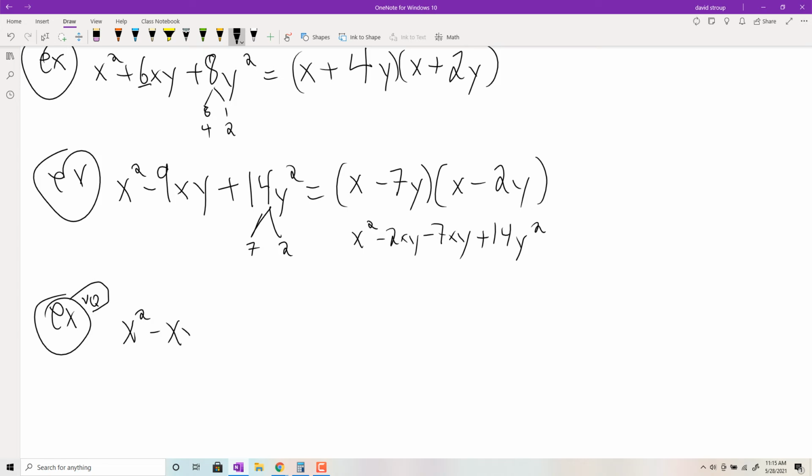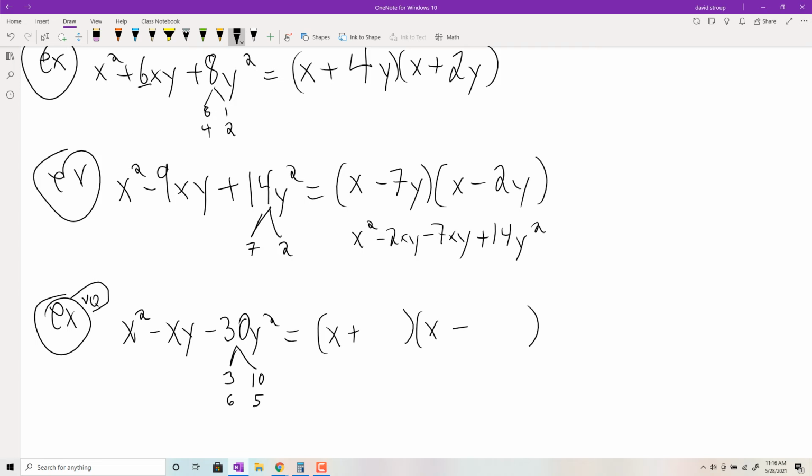x squared minus xy minus 30y squared. So this will be a plus minus scenario. Need two numbers that multiply to 30 but add, or rather subtract in these cases, to be 1. So obviously 3 and 10 I don't think will work, that will be 7. 6 and 5, right?